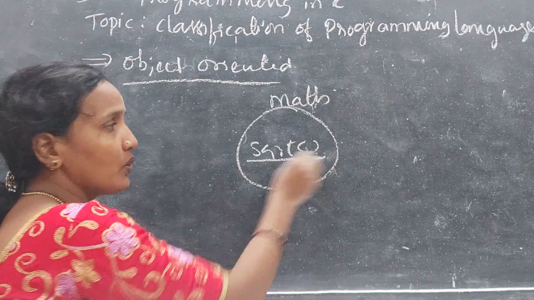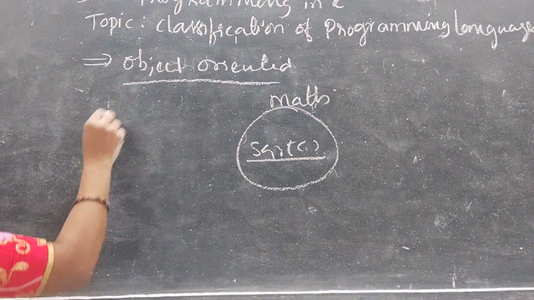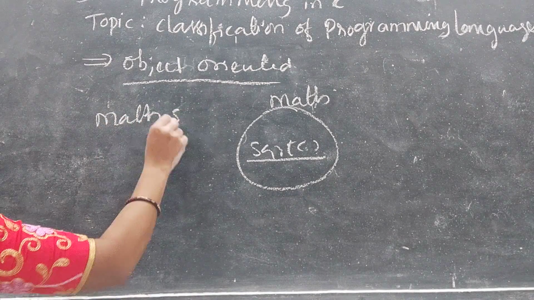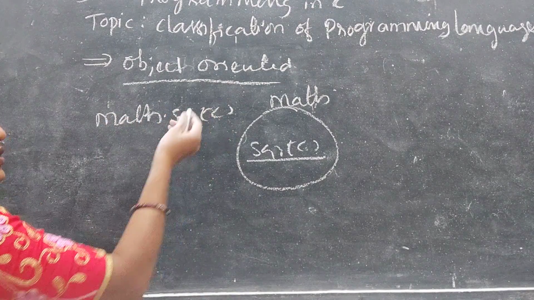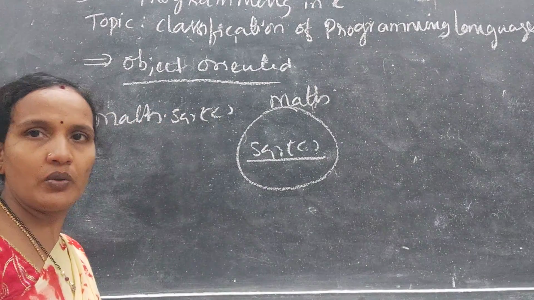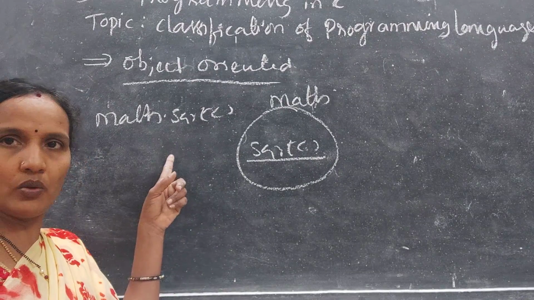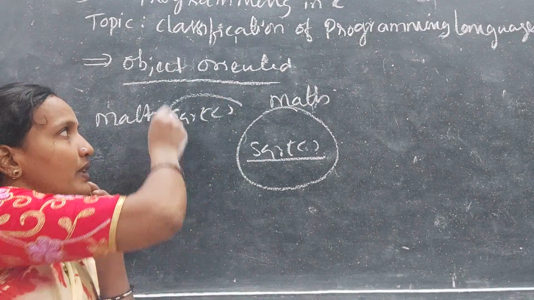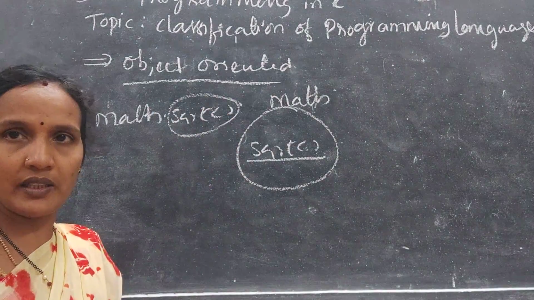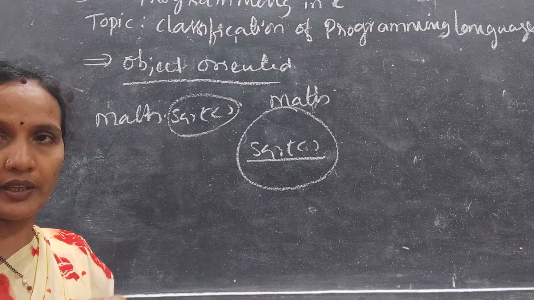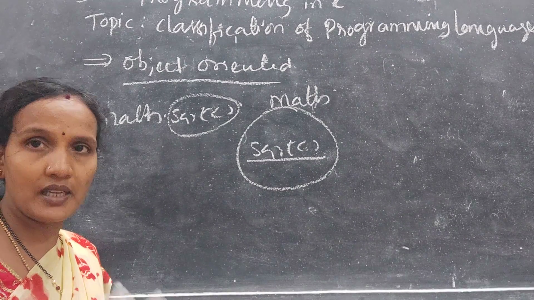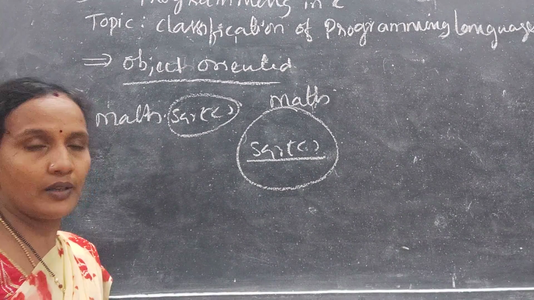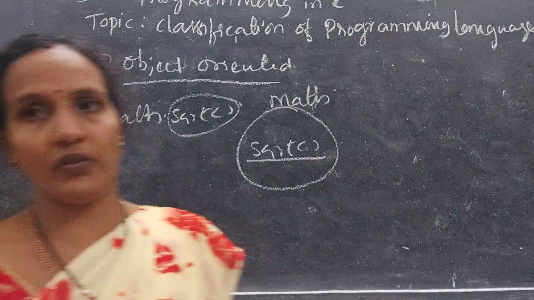So if you want to use this method, we'll do it like this, math dot square root. You no need to write the total programming code. It is already built-in code. So whenever you call this method, whatever variables and instructions are required to execute that method, all those will be executed.